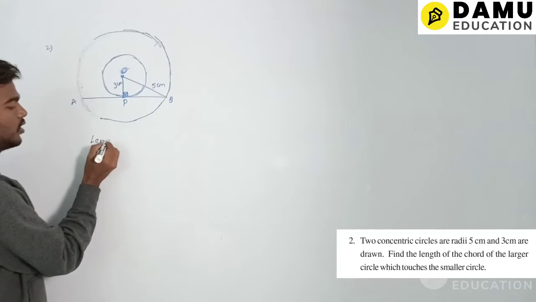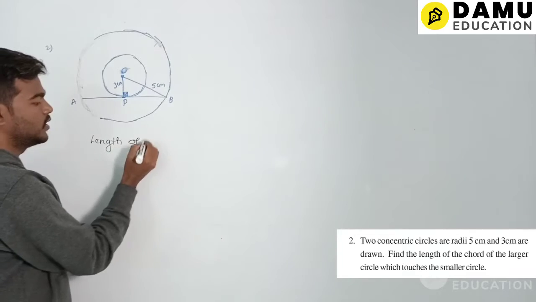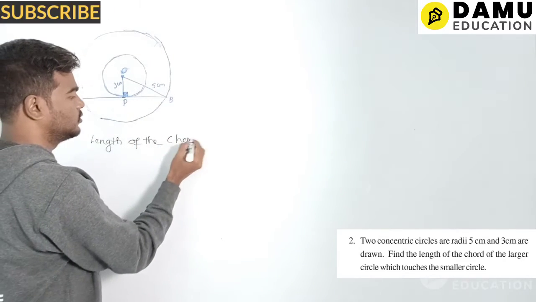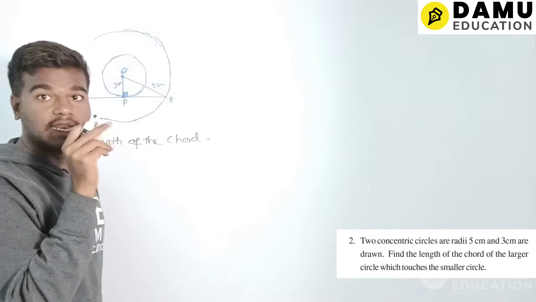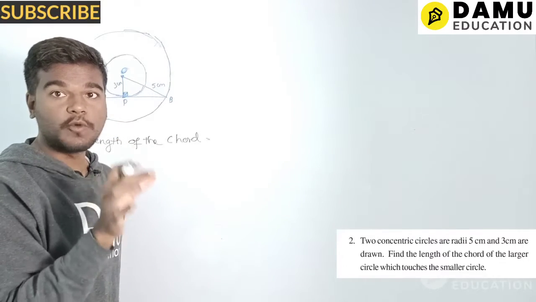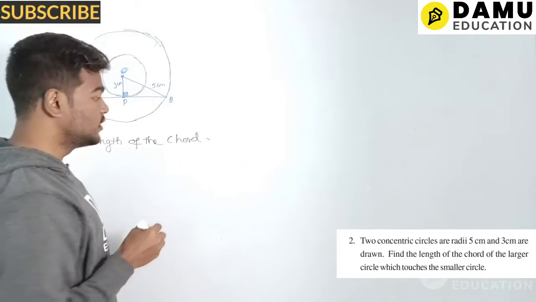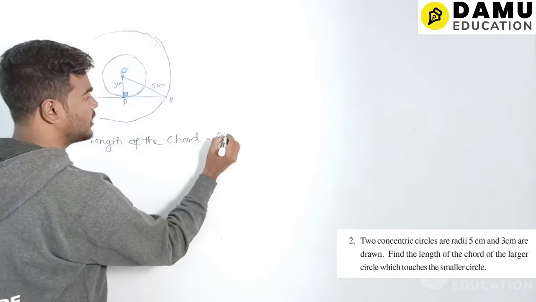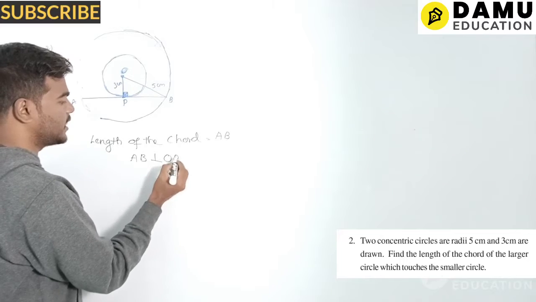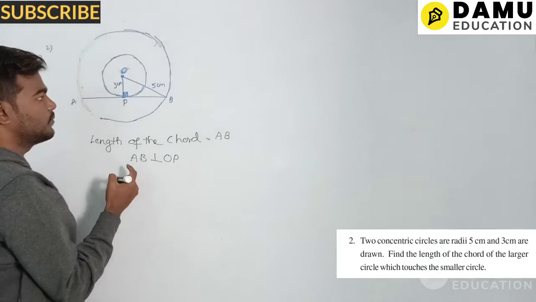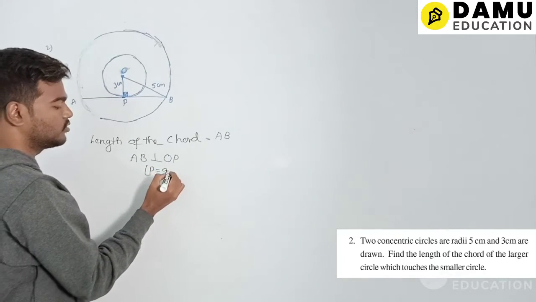The line joining two points on the circle is called a chord. So that is AB. Then AB is perpendicular to OP, so at the point of contact P the angle is equal to 90 degrees.